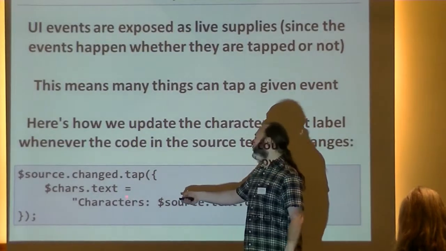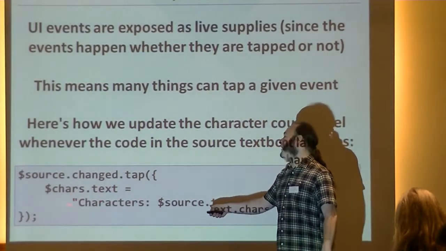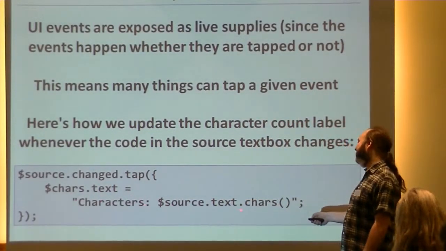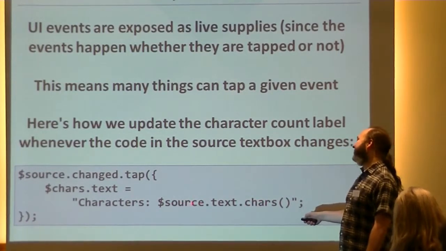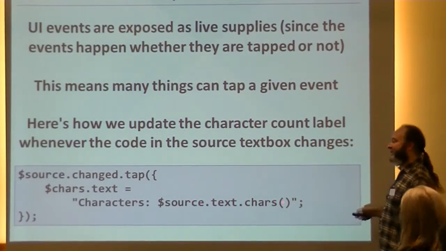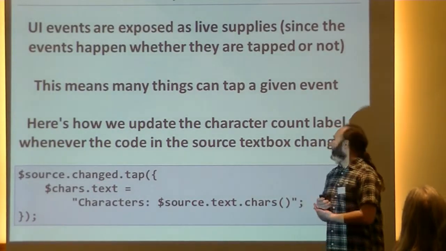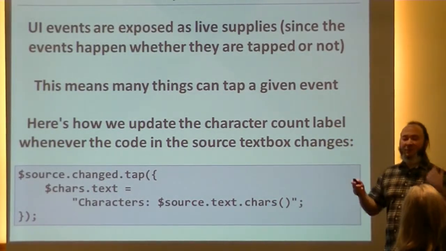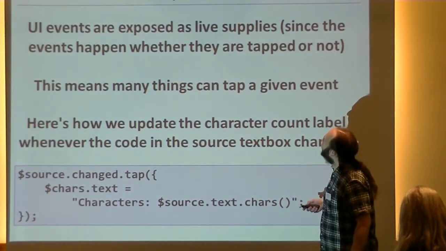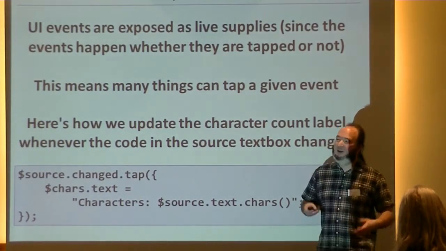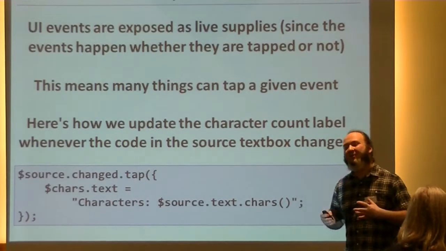And as soon as I get one, all I'm going to do is take this chars label and say the characters are the number of characters there. By the way, you can actually interpolate method calls in Perl 6 as well. It's kind of nice. Just make sure you put the parentheses on the end.